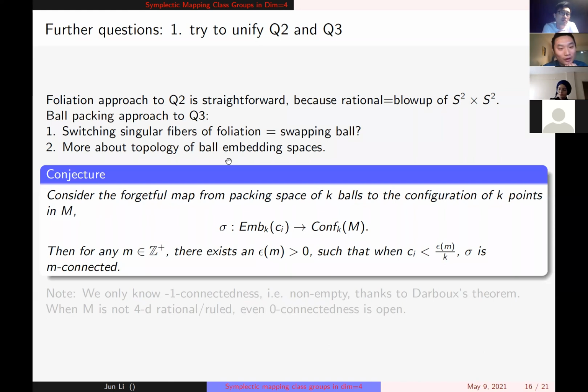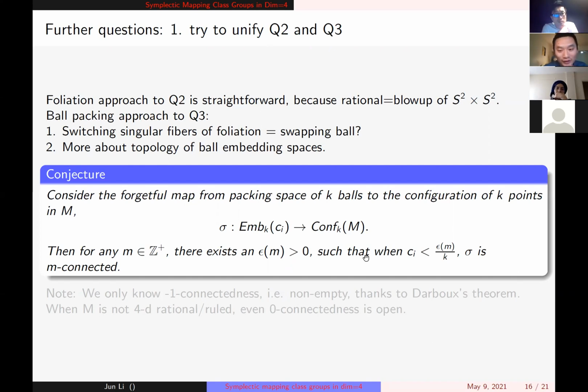Okay, so a more general question about this is about the topology of ball embedding spaces. So basically, we are still trying to compare the space of balls with the space of points, which means the configuration spaces. And then there are some forgetful maps, like sending the ball to its center. We wonder how much similarity there is between the two spaces, and that's a conjecture made by Weiwei and myself.